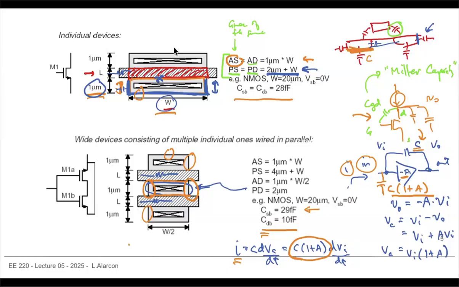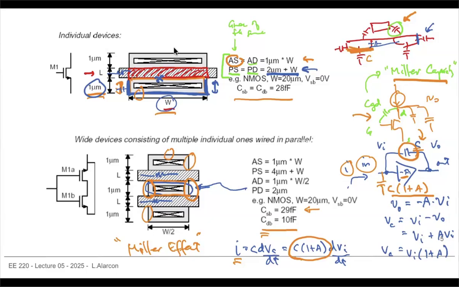So this is known as the Miller effect, and that's why that capacitor is sometimes known as the Miller capacitor. We'll see later on as we build amplifiers that even though that overlap cap is small, when you start building amplifiers with higher and higher gain, or you push to very high frequencies, even that overlap cap starts to limit the performance.